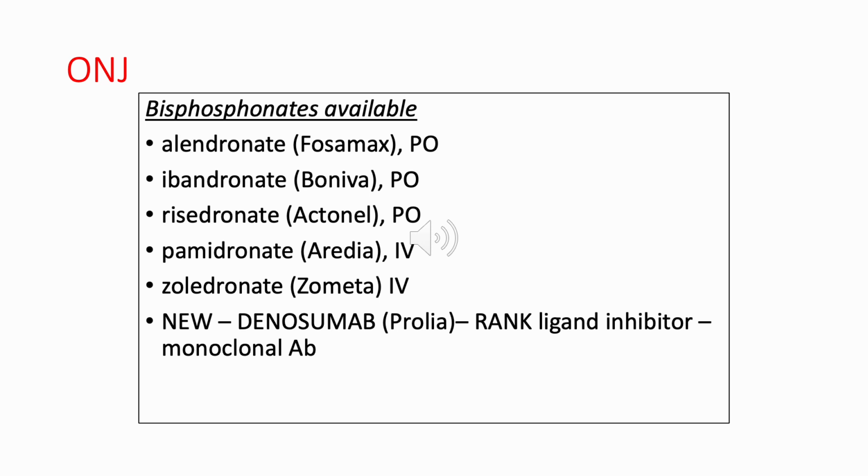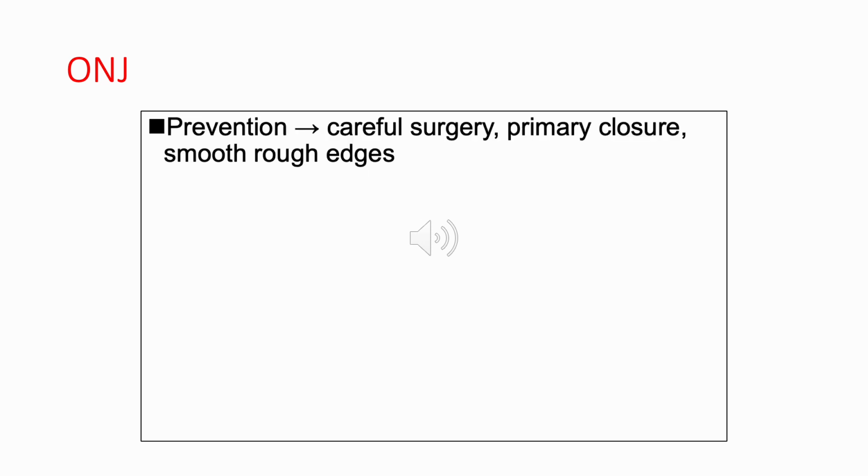One of the newer medications is denosumab, a RANK ligand inhibitor, which is an example of a non-bisphosphonate that still affects bone turnover, which is why it's not called BRONJ anymore. It's called MRONJ, medication-related osteonecrosis of the jaw.